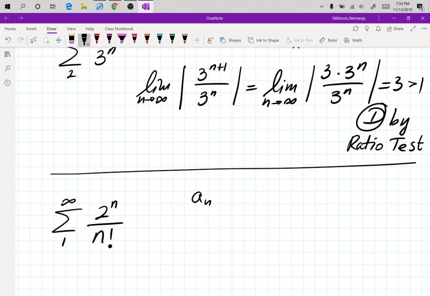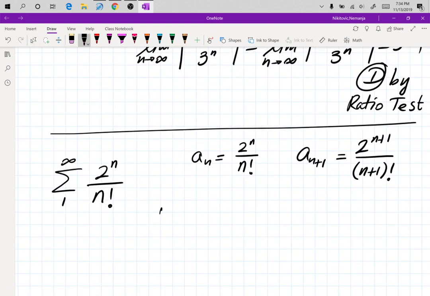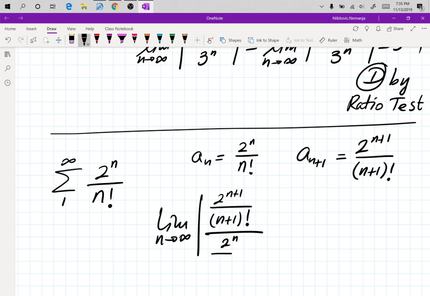So a_n is equal to 2 to the n over n factorial. a_(n+1) is 2 to the n plus 1 divided by (n plus 1) factorial. So now, the limit as n goes to infinity of the absolute value of 2 to the n plus 1 over (n plus 1) factorial divided by 2 to the n over n factorial.